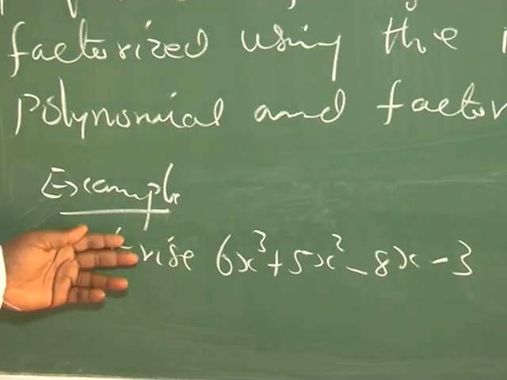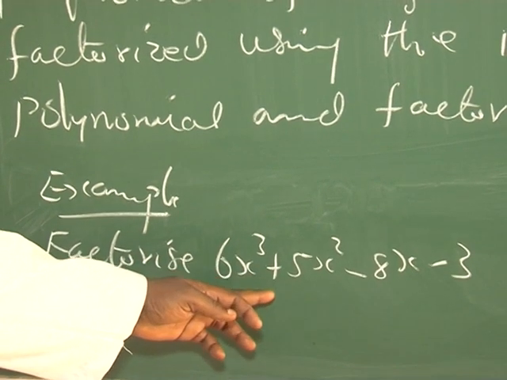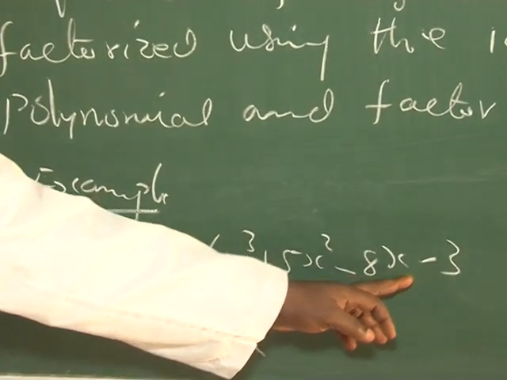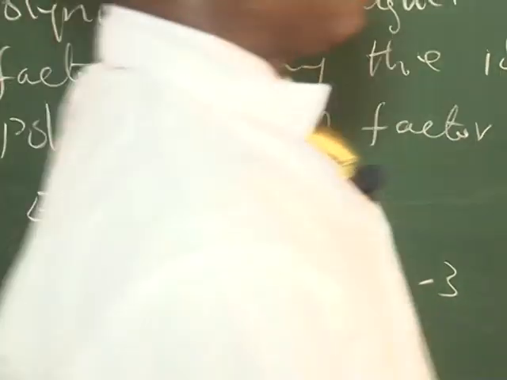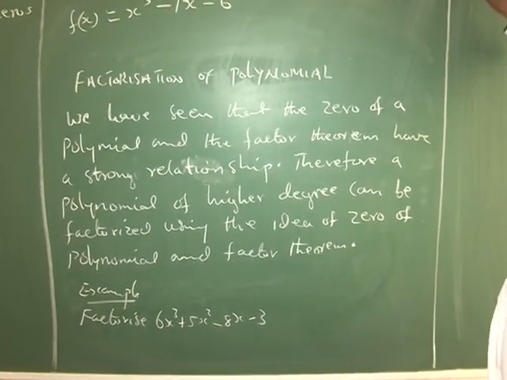So we take this example. Factorize 6x cubed plus 5x squared minus 8x minus 3. Solution.